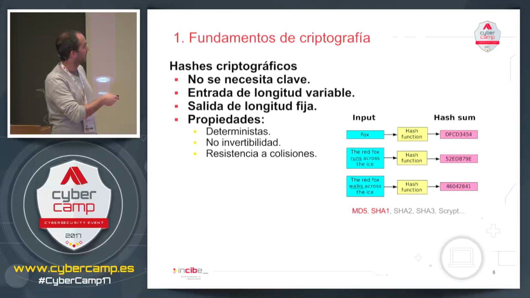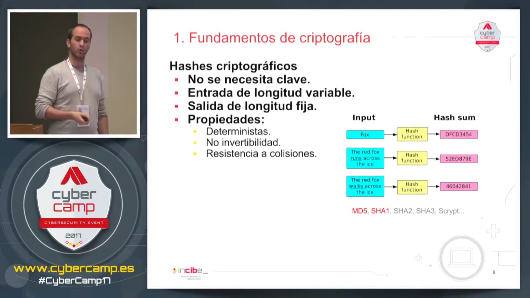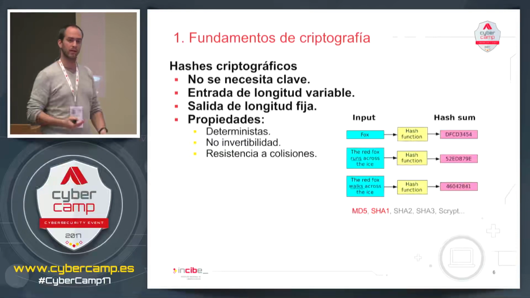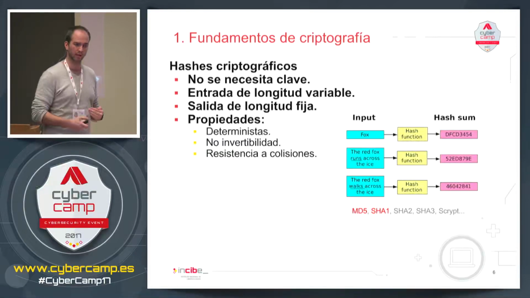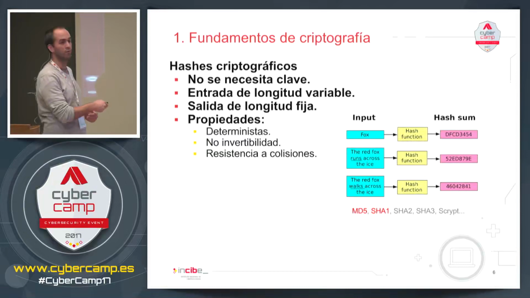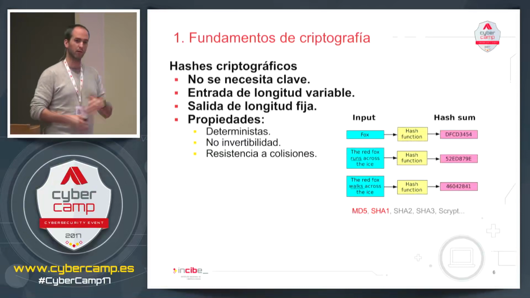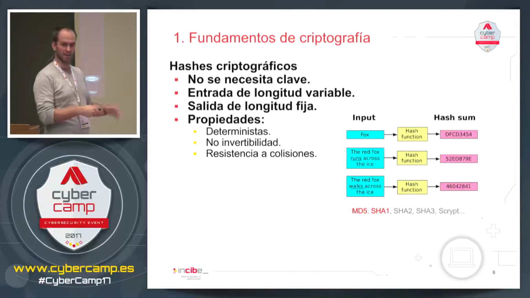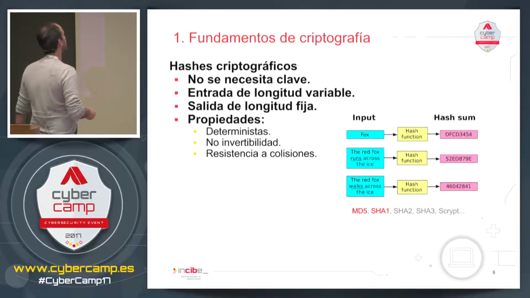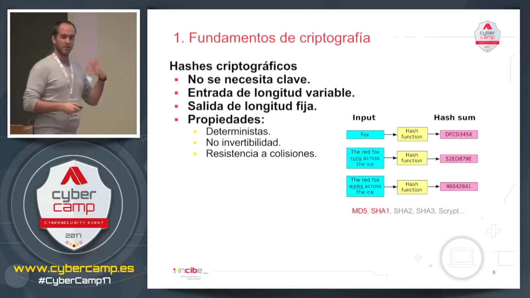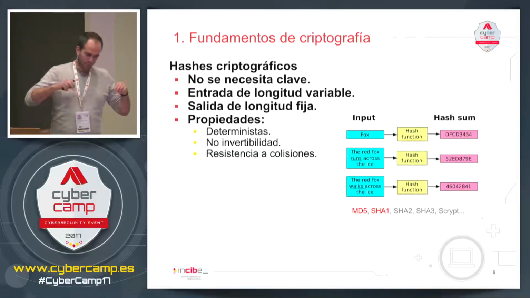If the result of my hash is DFCD whatever, then there's no way I can know that the message used to produce this hash is the text "Fox". It's computationally impossible to extract that from the hash. That's what not reversible means.